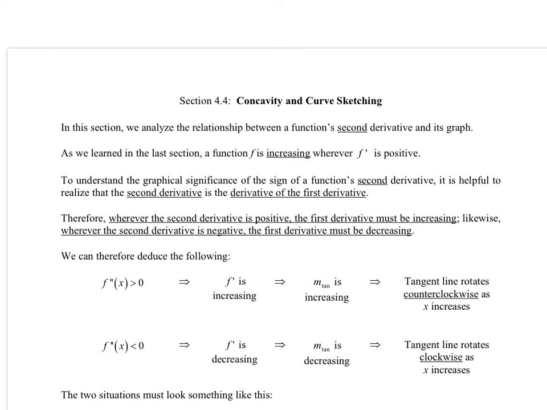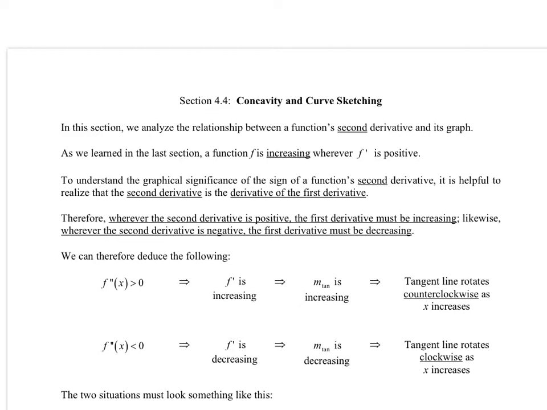I'm going to talk about section 4.4. I may or may not finish the entire section, so we'll see how it goes. I'll stop in the middle if I see that I've gotten to about 50 minutes. As you can see, section 4.4 is titled Concavity and Curve Sketching.